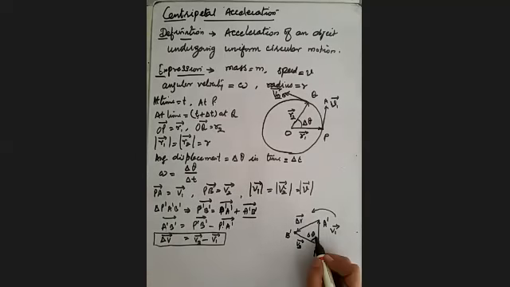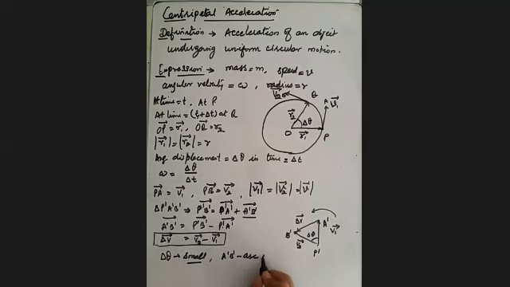Now suppose delta theta is very small, then we can consider A'B' as an arc of a circle of radius P'A'.